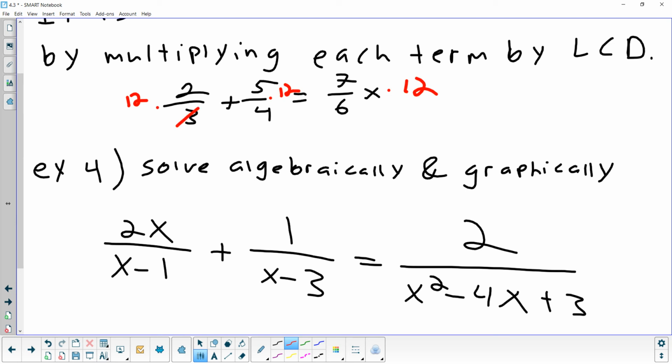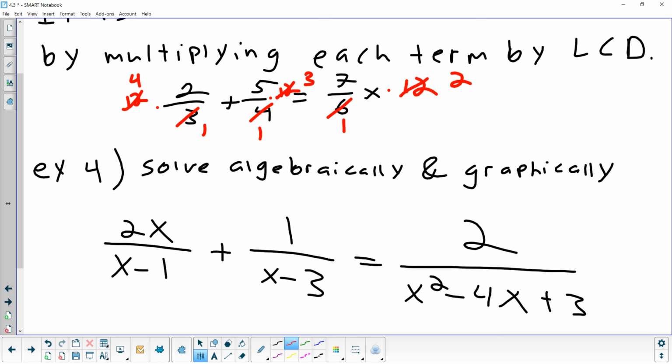And then I could reduce. 3 goes in 1 and 4. 4 goes into itself once and into 12, 3. 6 goes in once. The important thing that happened here is all my denominators are 1s now, so I don't have any fractions left. Any questions on that?